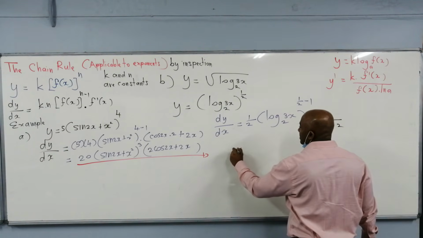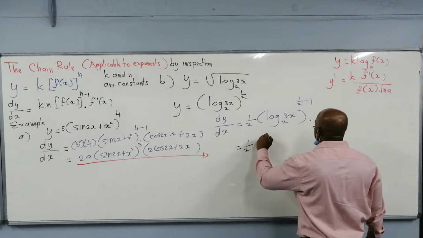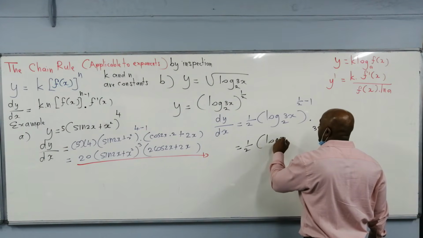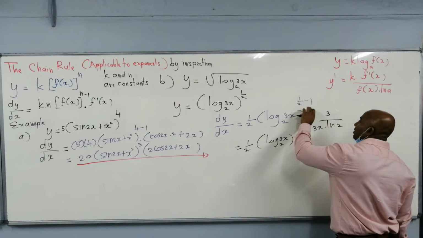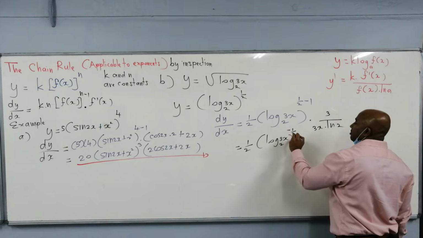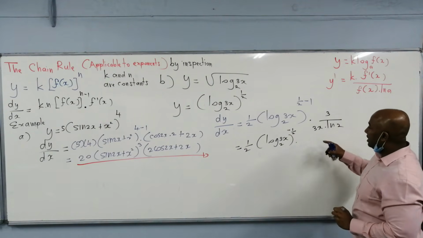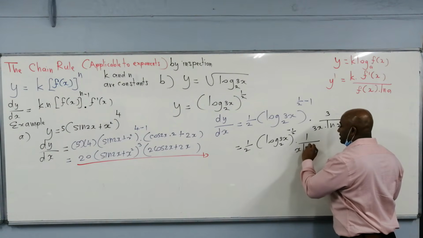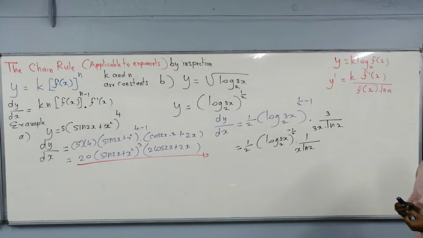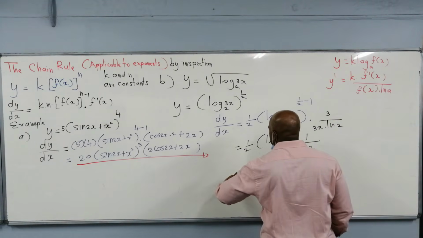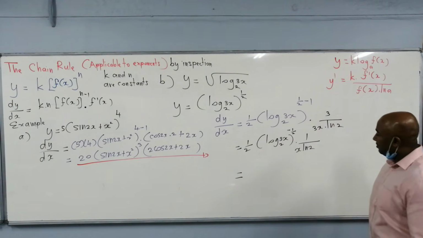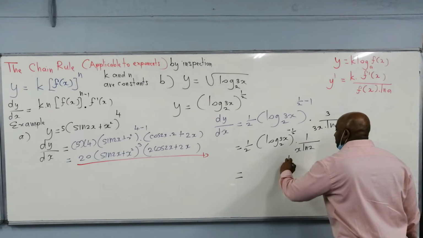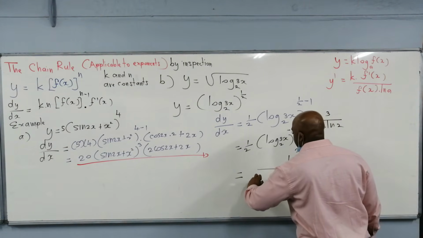Let's simplify this here. That's going to be half, then we've got log 3x to the base 2 to the power half minus 1, which is minus half. 3 and 3 cancel here, so I end up with just 1 over x ln 2. This can be simplified further, although it's not very necessary.